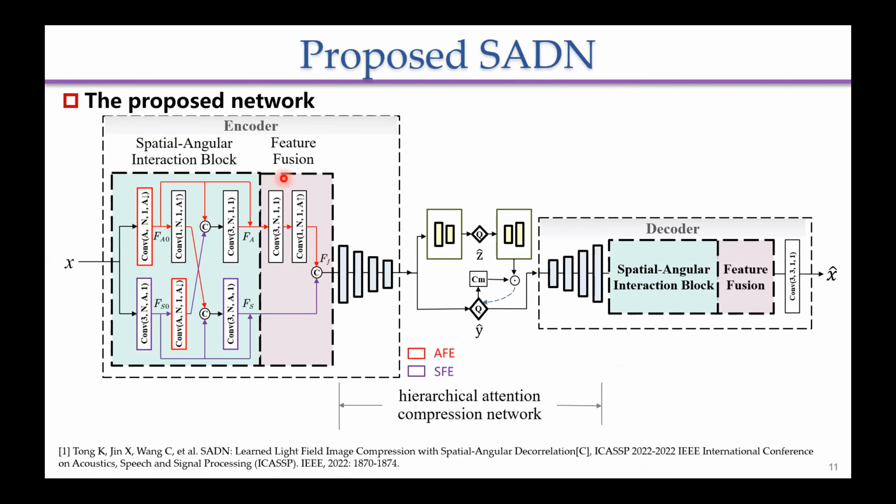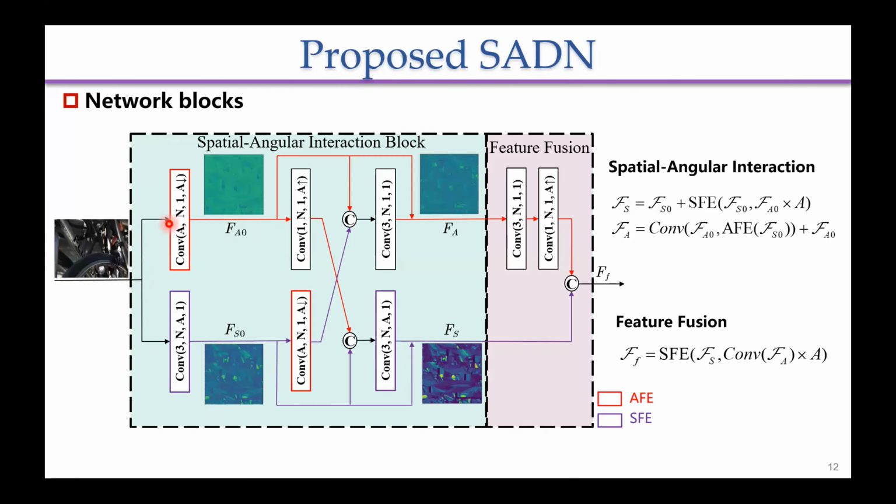If you look inside, the major contribution comes from this part: this path is the angular feature extractor, and this path goes through spatial feature extraction, and the spatial and angular features are concatenated so they can interact with each other to further extract features in these two dimensions.